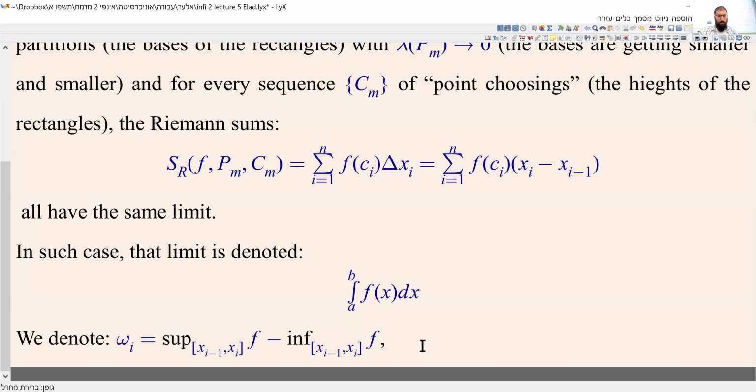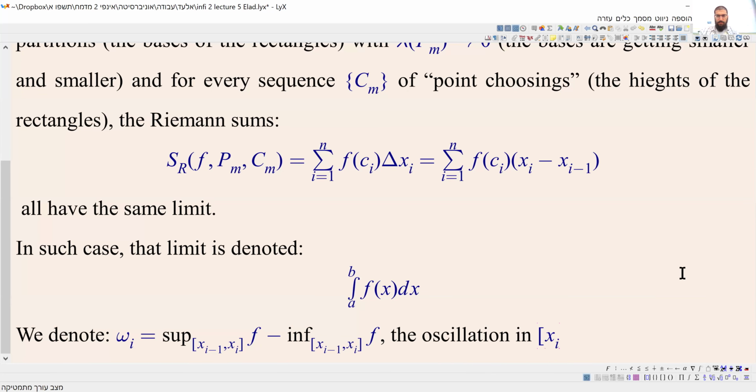It's called the oscillation. So you write it in the subsegment xi-1, xi.